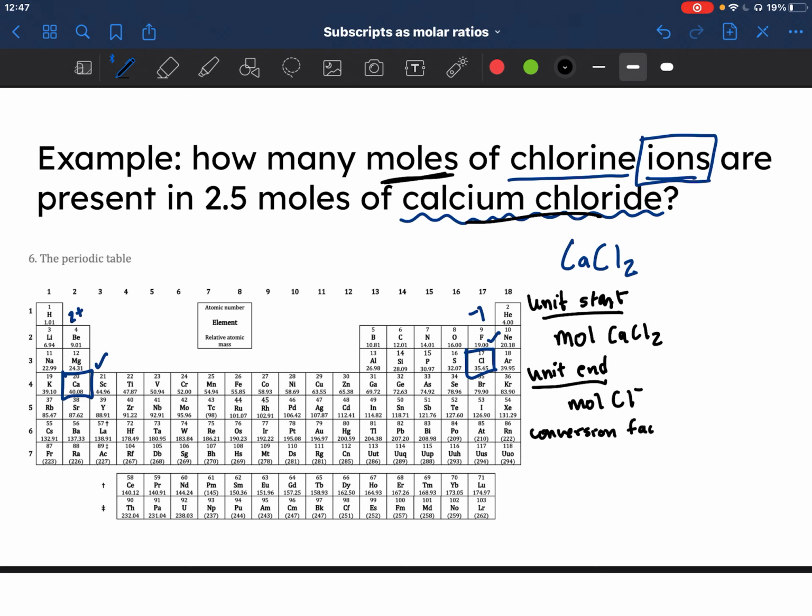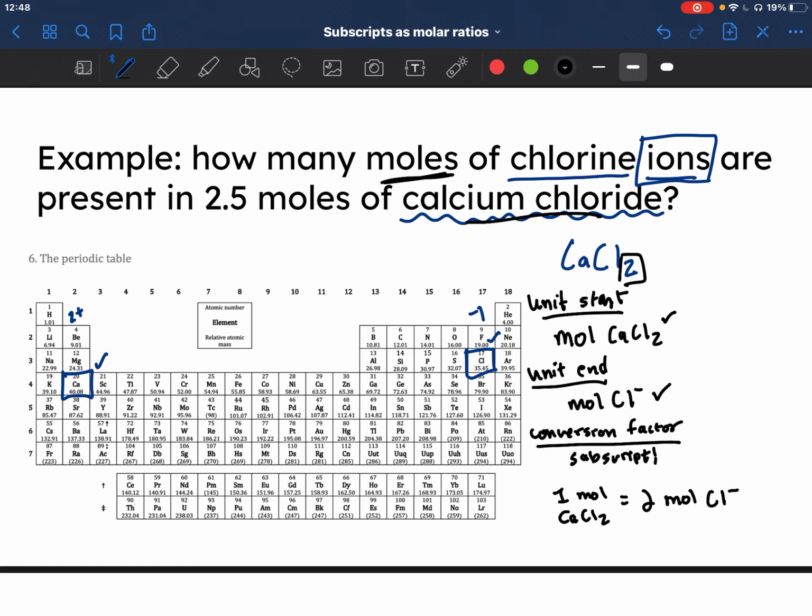Do I have one conversion factor to go from the moles of a certain molecule to the moles of part of that molecule? I do. It's a subscript. 1 mole of CaCl2 is going to be equal to, not 1, my subscript is 2 moles of chlorine.